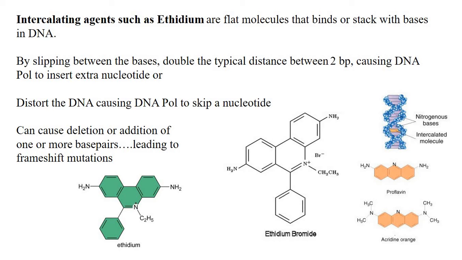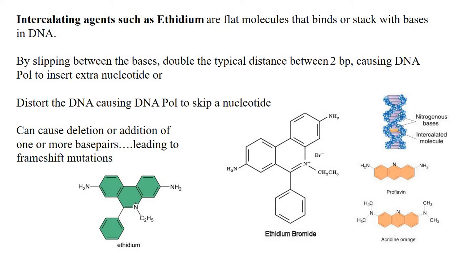And how it works is, it is a flat molecule. Here you can see this is ethidium bromide. Because it's a flat molecule, it can insert itself between the bases here in the DNA. So this is an intercalated molecule of ethidium bromide. Now these are nitrogen bases, but when it intercalates itself or inserts itself between these base pairs, it moves the base pairs apart and forms this gap.